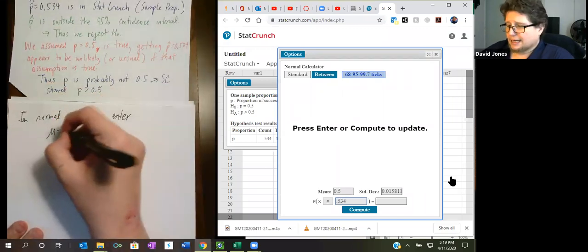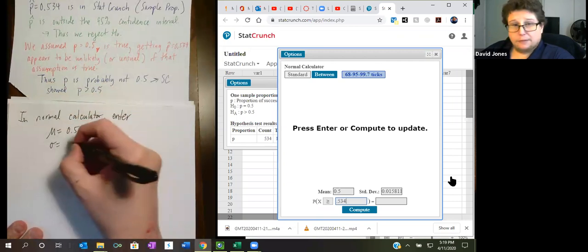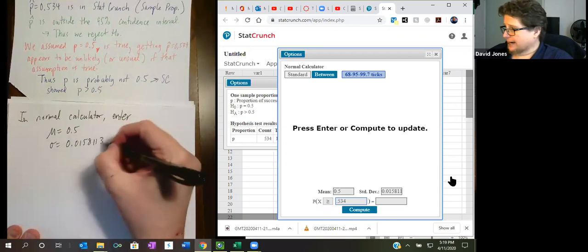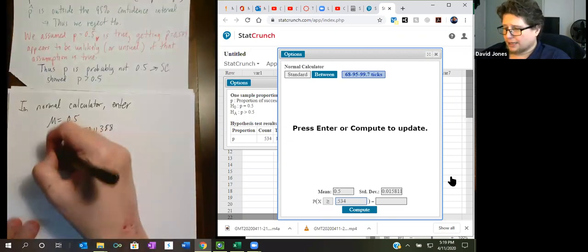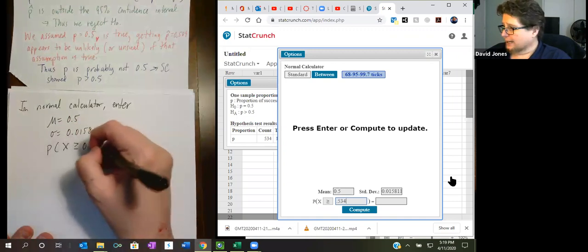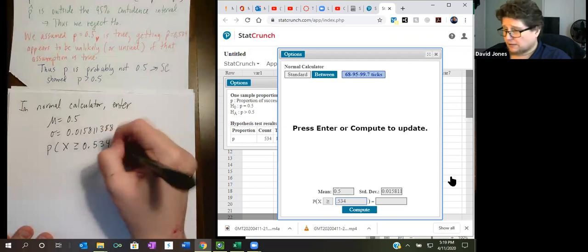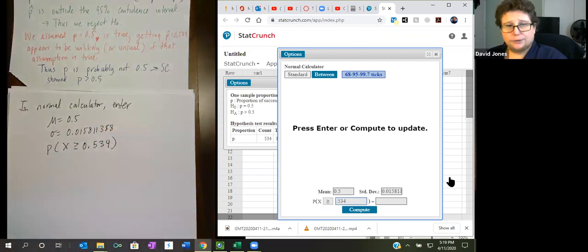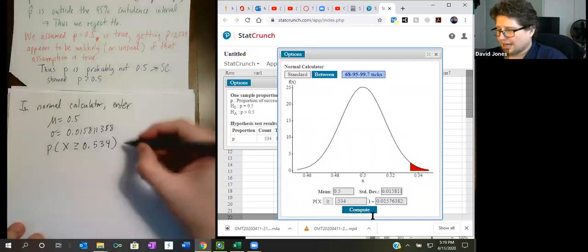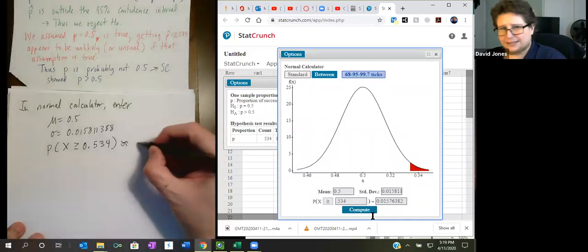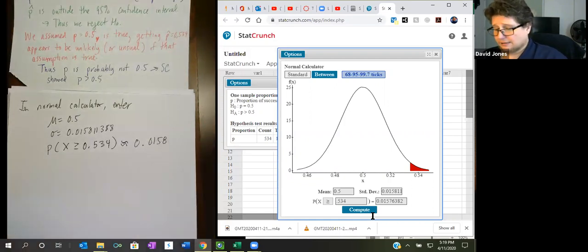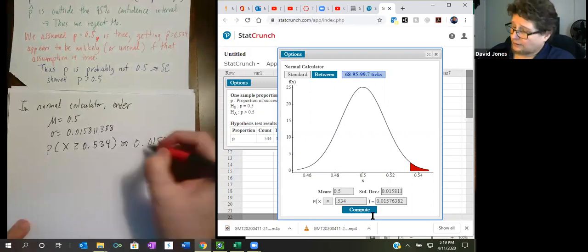Enter mean as 0.5, sigma as 0.015811388, and we're looking at the probability that X is more extreme than what we had. You click compute. And to 4 decimal places, what does that give us? 0.0158.